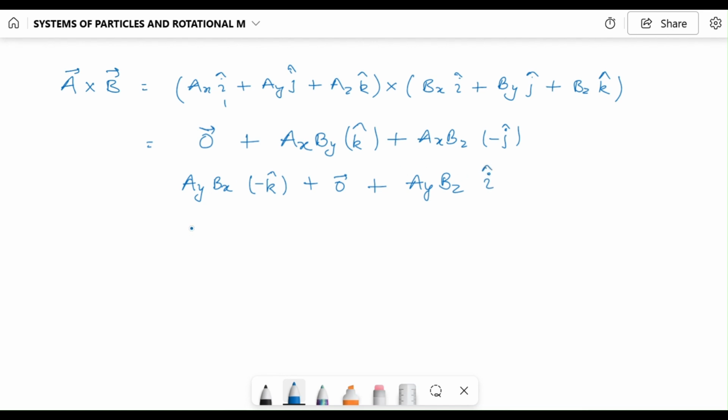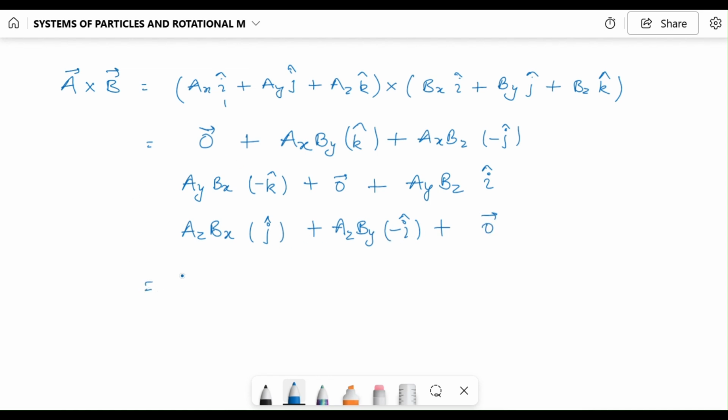Now az k cap, az and bx, k cross i, it is in order, so it is going to give us j cap. Then az by and k cross j, this is minus i cap, and plus 0, k cross k.